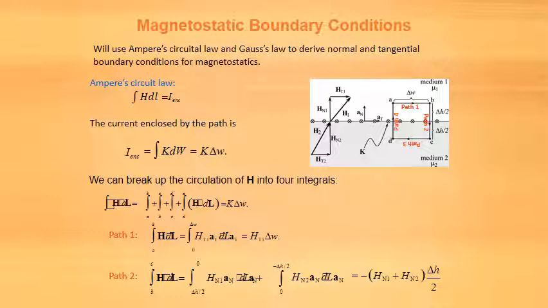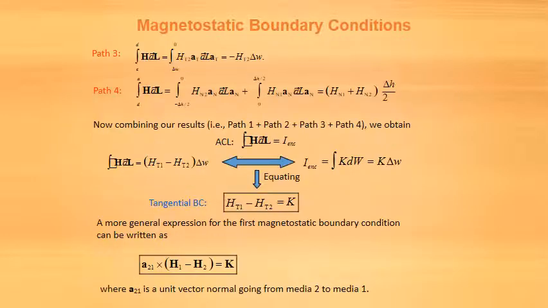Here, consider a rectangular loop to construct the tangential component, and a pill box to make the condition for the normal component. By Ampere's law, we know that integral H dot dl equal to I enclosed. The current enclosed by the path is given as K delta w. Substituting the values along the rectangular loop ABCD, we have integral H dot dl equal to Ht1 into delta w. For path 2, we get minus Hn1 plus Hn2 into delta h by 2.